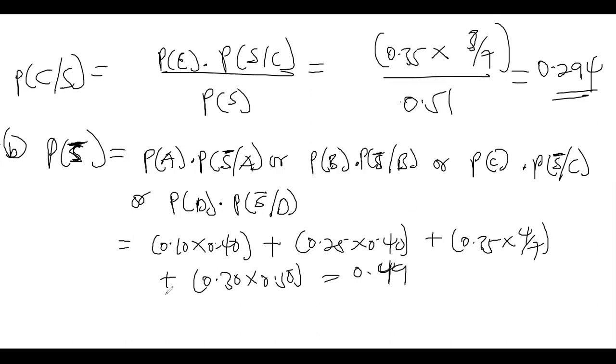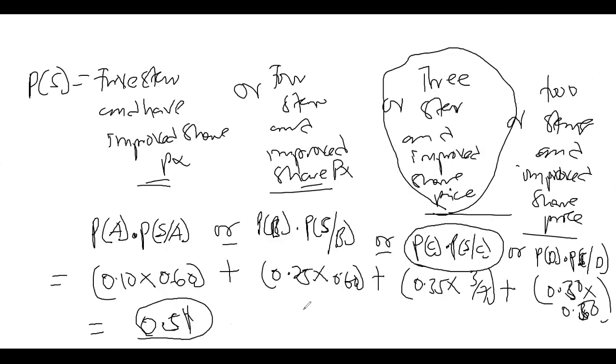Now remember, based on the additivity rule, this could have been approached differently, because the probability of not S is simply 1 minus the probability of S. If you remember the probability of S in our previous discussion, it was 0.51.